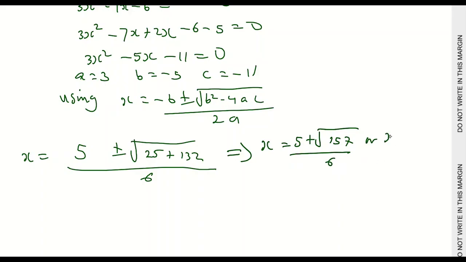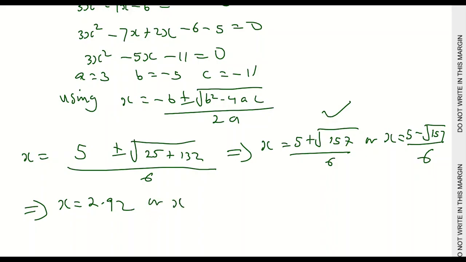Or x equals 5 minus square root of 157 over 6. So if you simplify this, the first one will be x equals 2.92, or x equals negative 1.25 if you input this into your calculator.